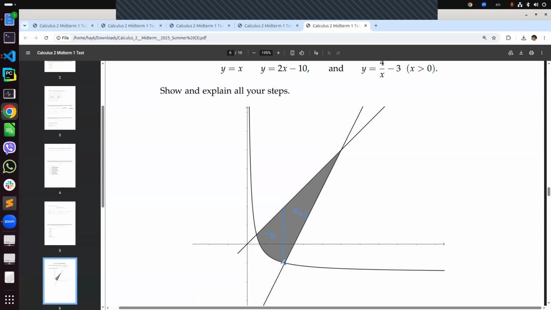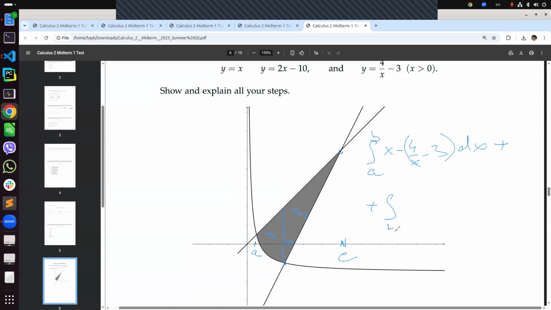And somehow we have to calculate all the intersection points. Here is A, here is B, and at the end we have point C. Then our area can be calculated first from A to B. Our bigger curve is y equals x. So x minus, what do we have below? Below we have this 4 over x minus 3. So this gives S1 plus S2.